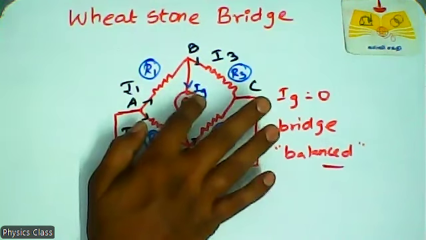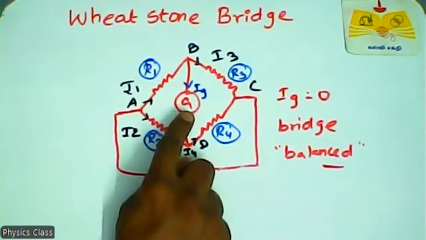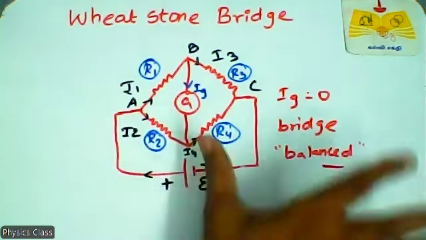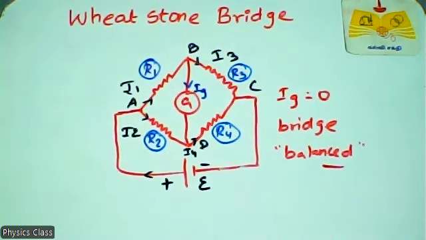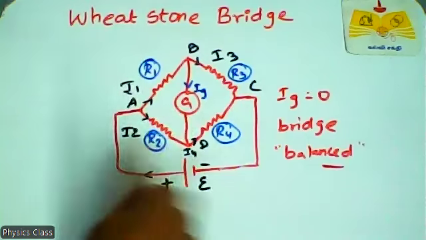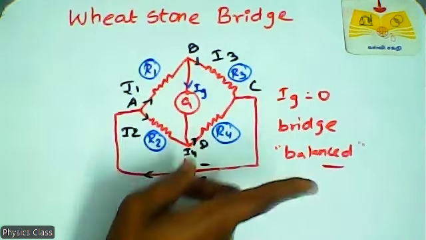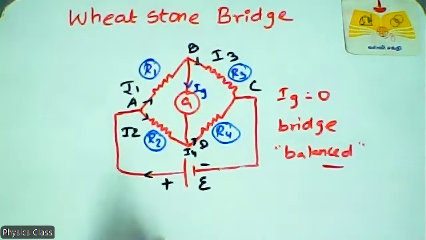Once Ig is 0, the galvanometer shows zero deflection, null deflection, in the middle position rather than deflecting in either direction. That condition is called the balanced condition.